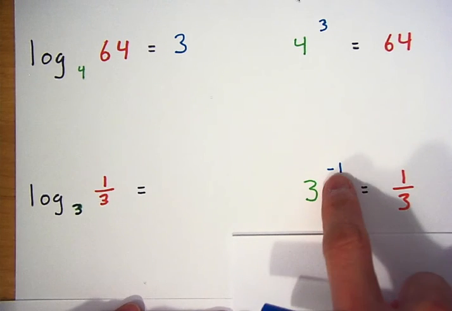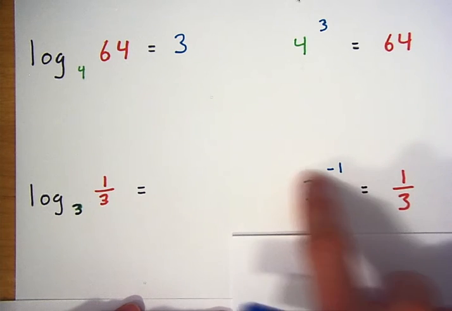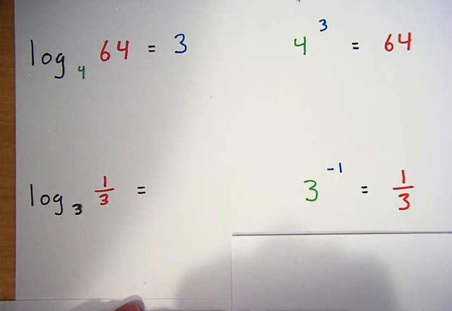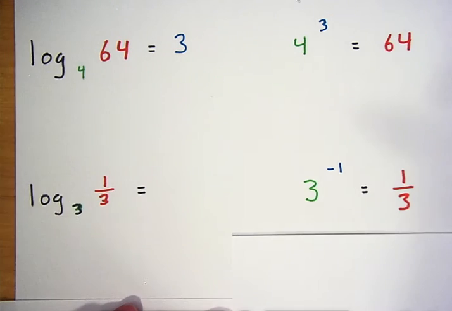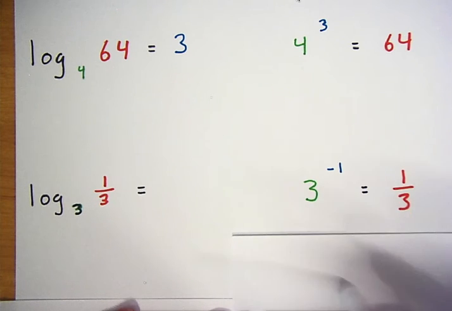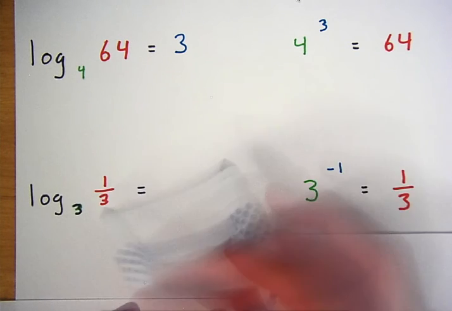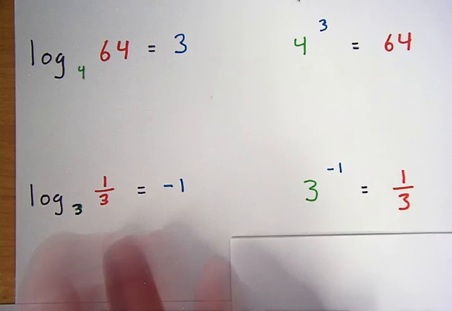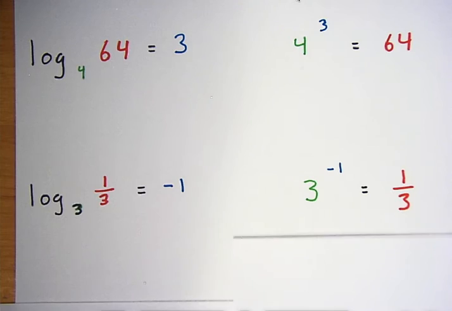Reminder, negative exponents basically just move this to the bottom of a fraction and you have a 1 on top. So because 3 to the -1 is equal to 1/3, log base 3 of 1/3 is equal to -1. So as you can see, exponentials and logs are very much related to each other.